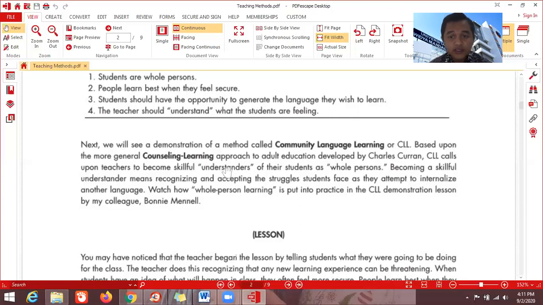You are all humans, and you need to see them as whole persons, not only an individual who is learning English, not only an individual who learns mathematics, for example, but individuals who are parts of a community or communities in this larger extent. Becoming a skillful understander means recognizing and accepting the struggles students face as they attempt to internalize another language.